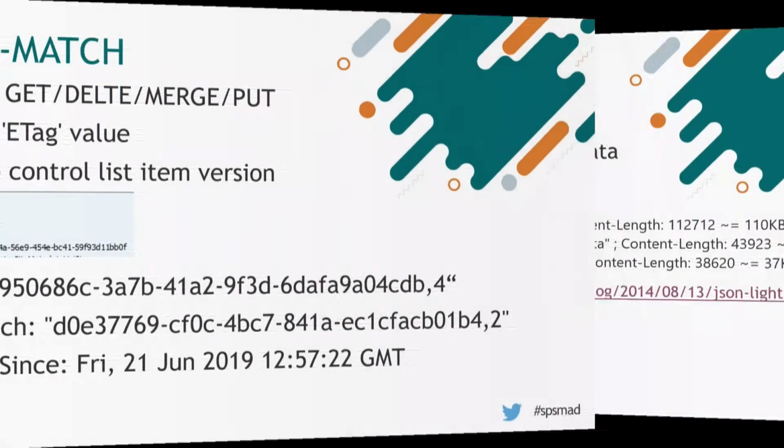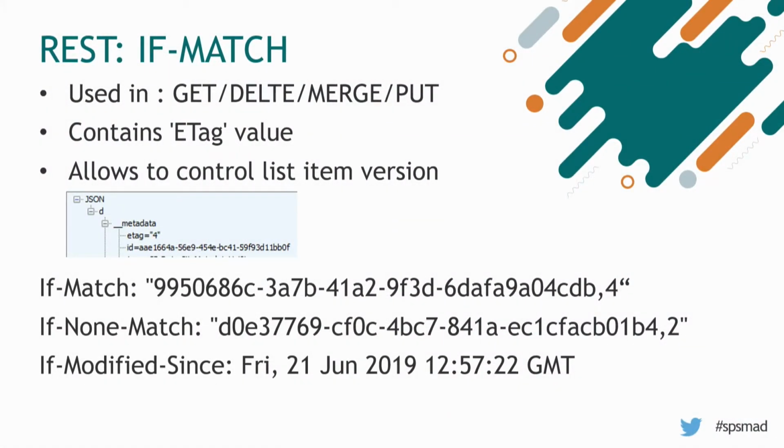Yeah, and an additional really helpful property that we should get used to is IfMatch. What's that? This one specifies what will happen if nothing happens or we would like to modify the resource.